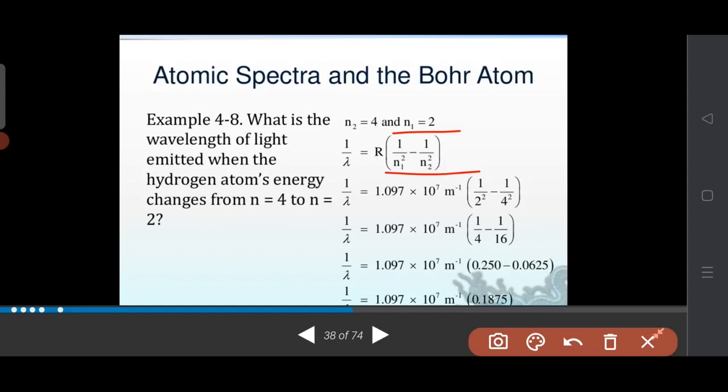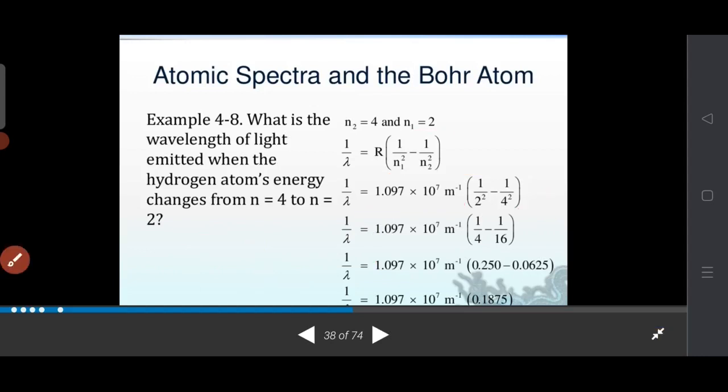So 1 by lambda equals the value of R, which is 1.097 into 10 to the power 7 per meter, times 1 by 2 square minus 1 by 4 square. In this way we get the 1 by lambda value, the wave number, and from it we will definitely get the lambda value.